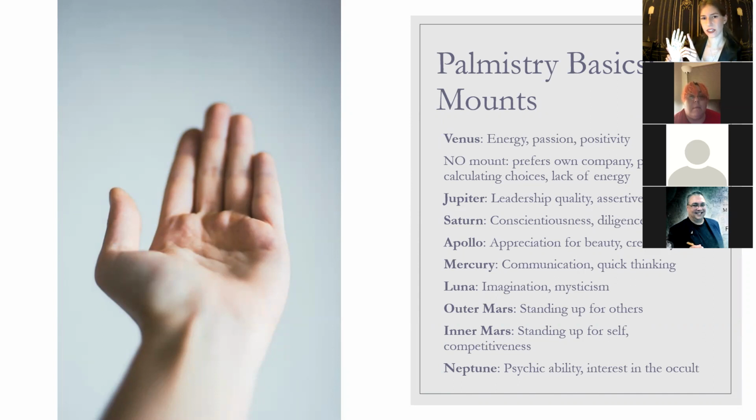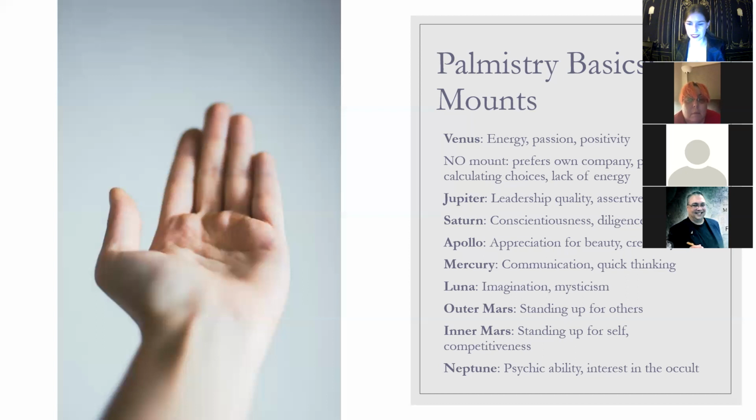The index finger is Jupiter, the middle finger is Saturn, the ring finger is Sun or Apollo finger, the final finger is Mercury. And we'll be going over this when we talk about the mounts. But I wanted to mention it now because you can actually see on the photo in this PowerPoint that the mounts don't line up exactly underneath the fingers that they belong to.